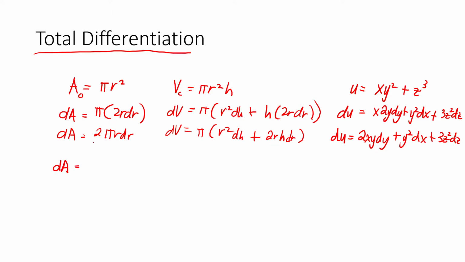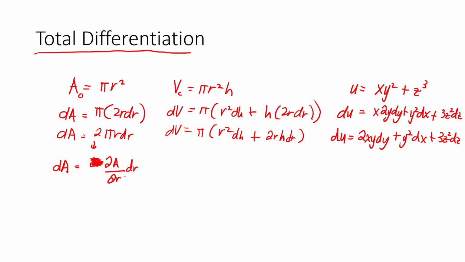In this case, you have one variable. So this is simply going to be the partial differential of A with respect to r, then just put dr.